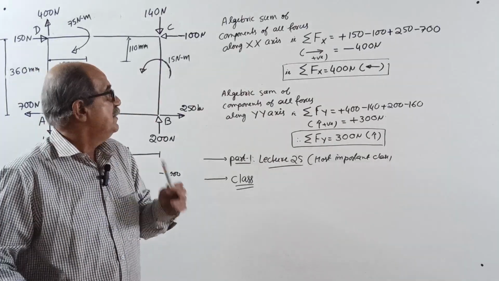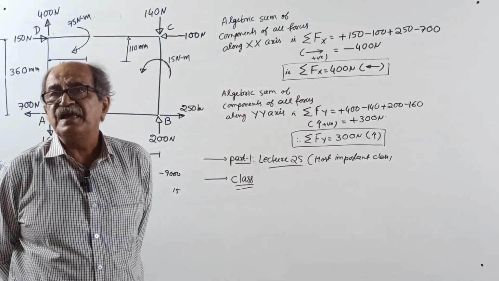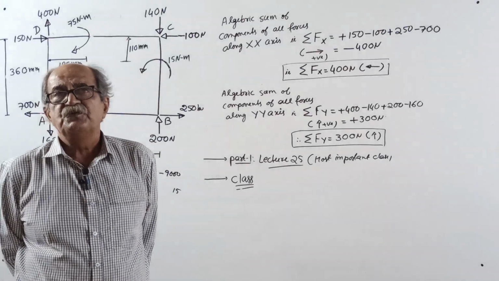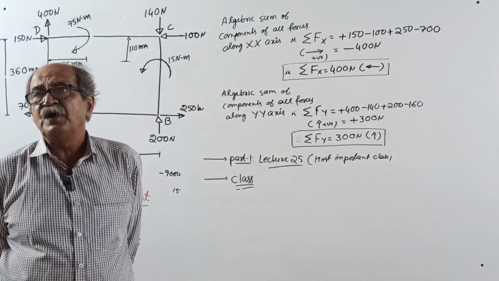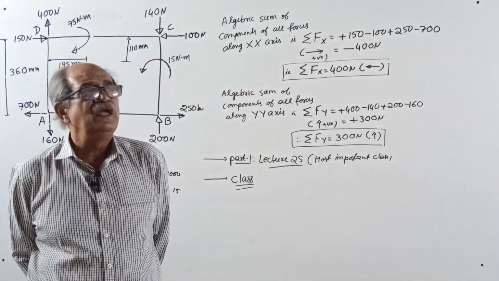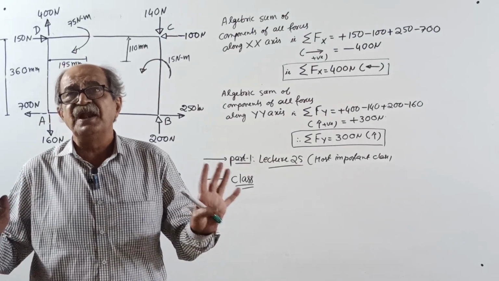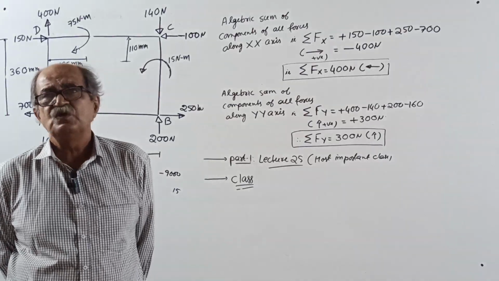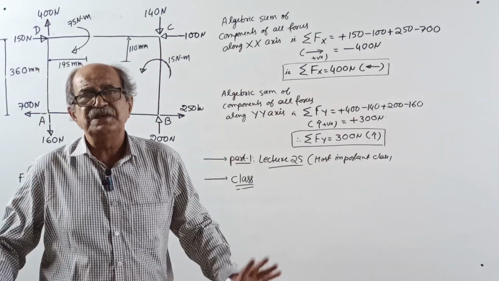First make a class. First write the heading. To find resultant completely for a coplanar force system in general. In general means neither concurrent nor parallel.